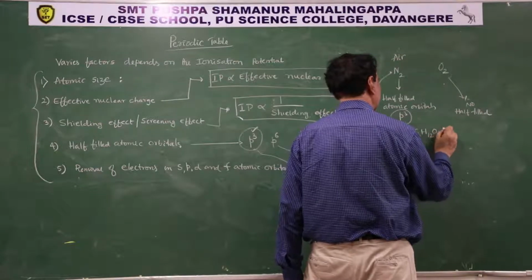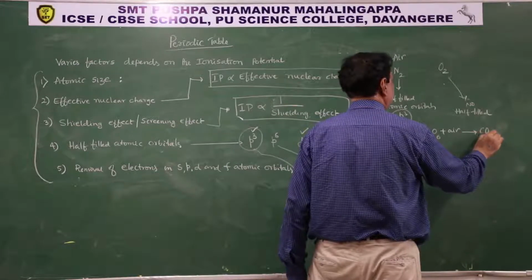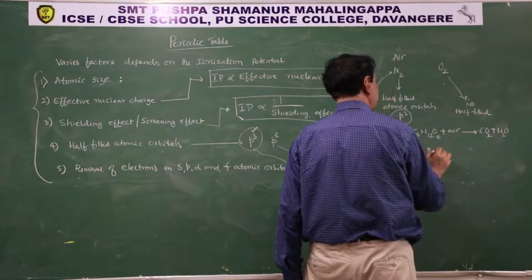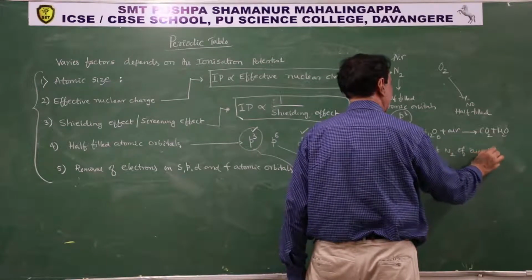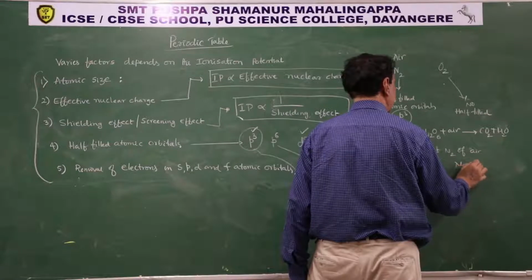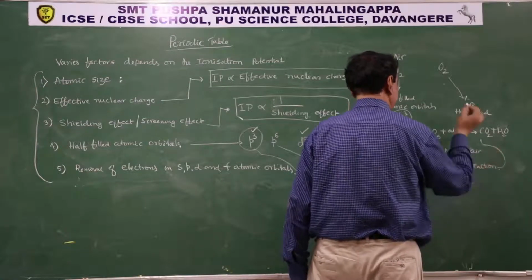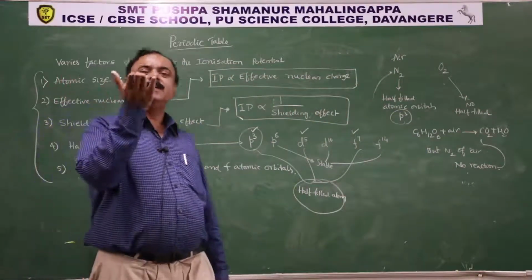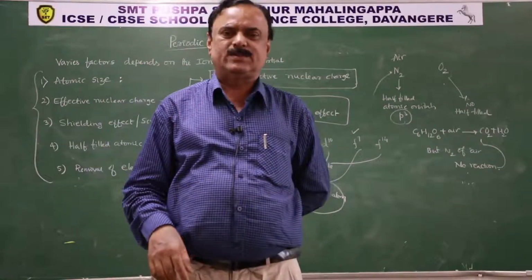C6H12O6 glucose, when exposed to air, you are telling carbon dioxide and water are formed. But the N2 of air has no reaction towards the respiration process. Therefore, you are inhaling air for the respiration process.